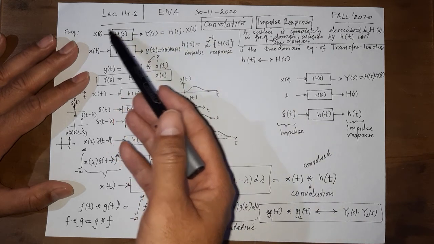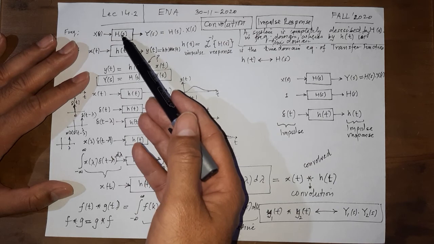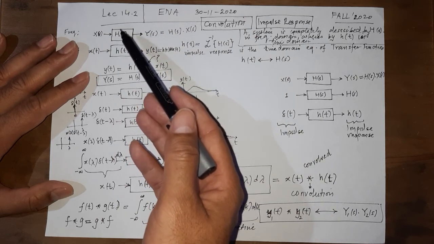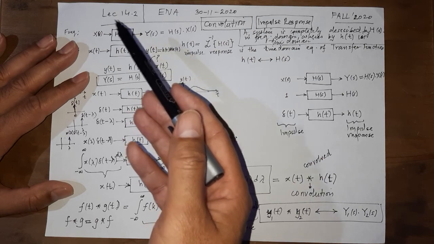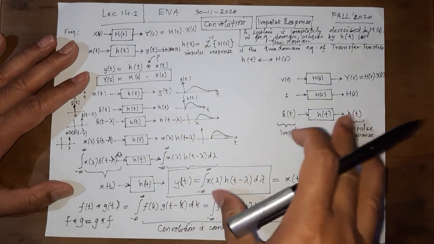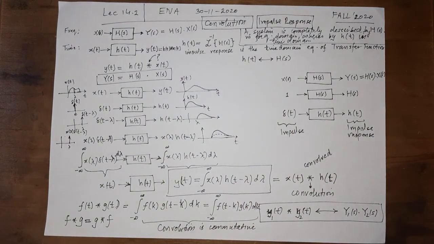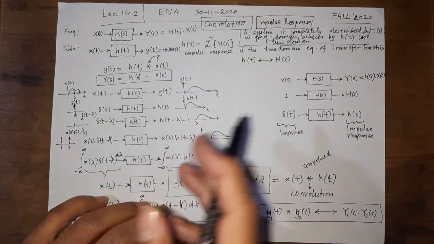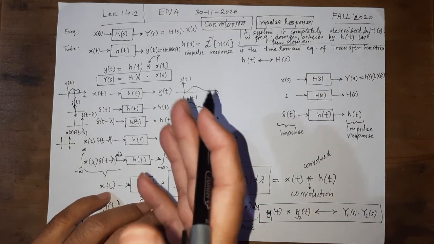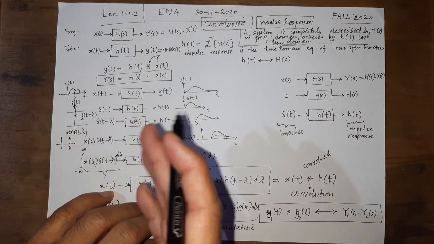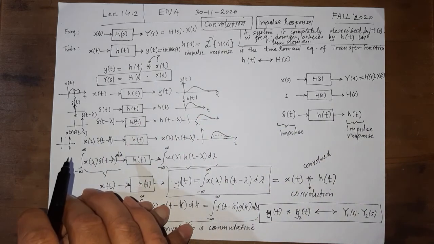For a particular input and output pair in the frequency domain, once we know the transfer function, we know everything about the circuit or the system, and we do not require to solve that circuit again and again to find the transfer function if we just change the value of the input.